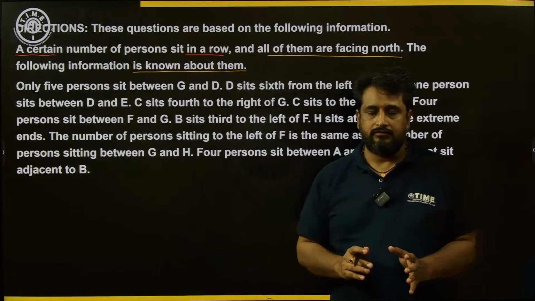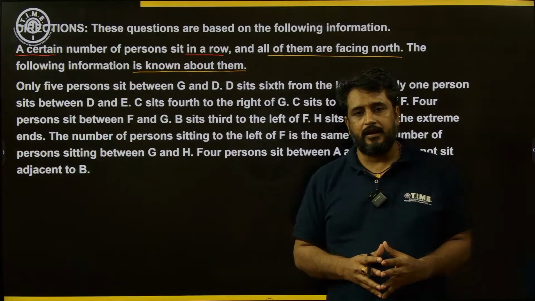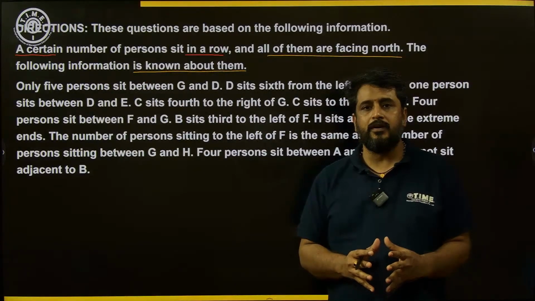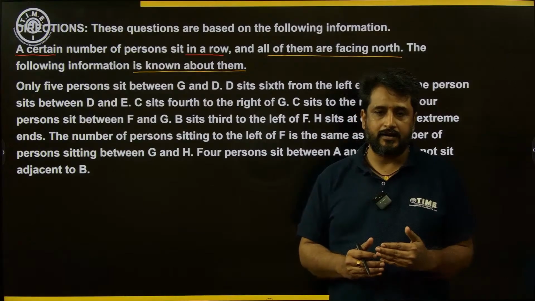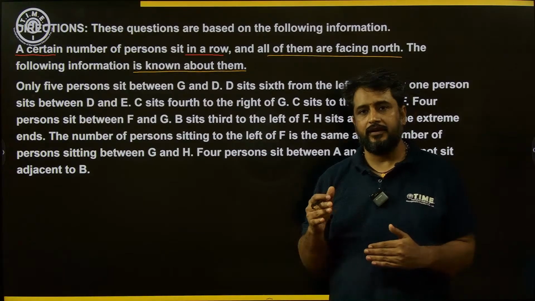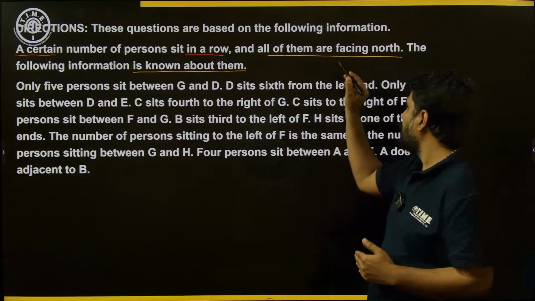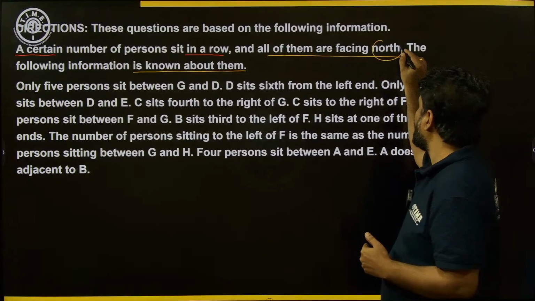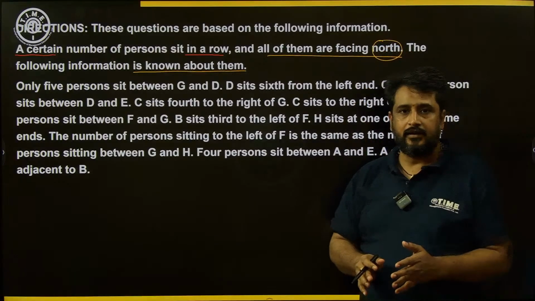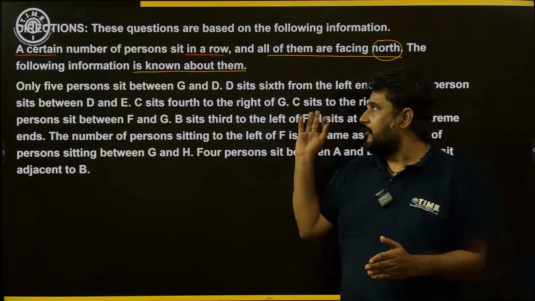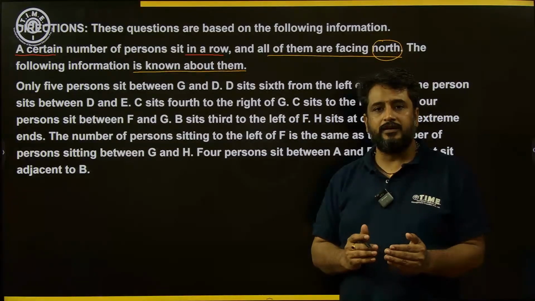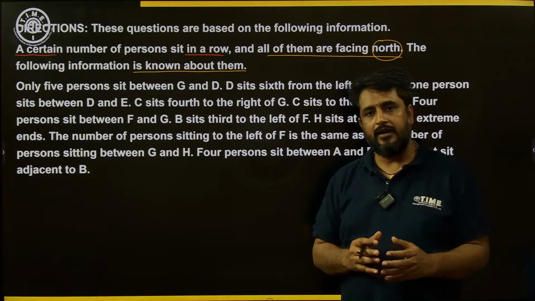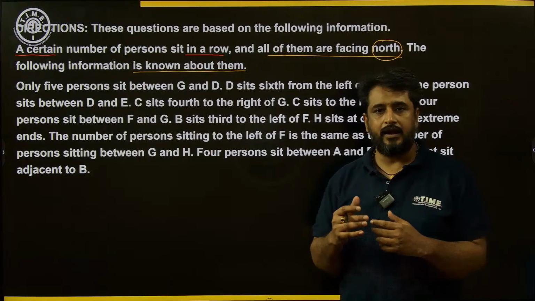When it comes to linear arrangement, you must know some important technical terms. That is left hand, right hand. Your left hand side end is a person's left hand because all of them are facing towards north, and your right hand side end is a person's right hand. You should also know the difference between the terms immediate left and left, immediate right and right.